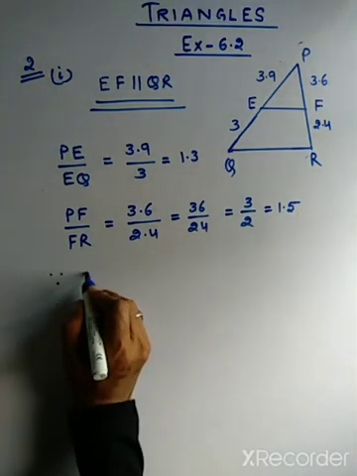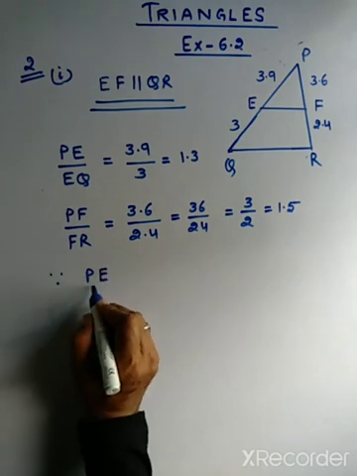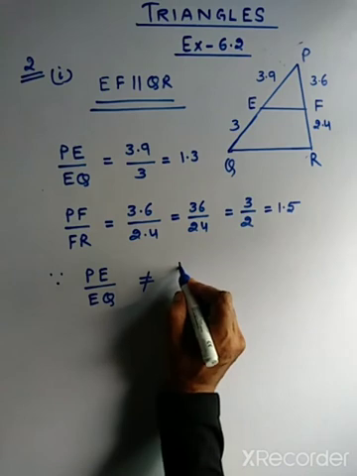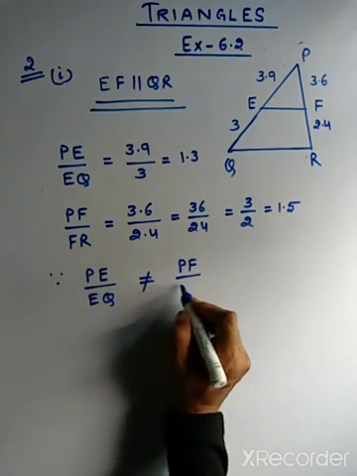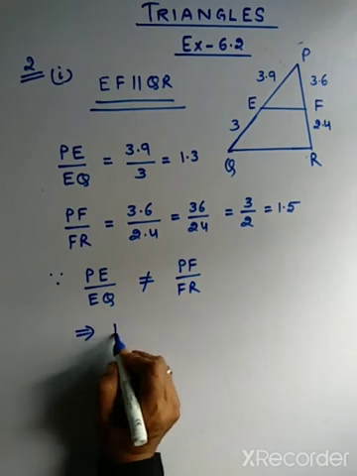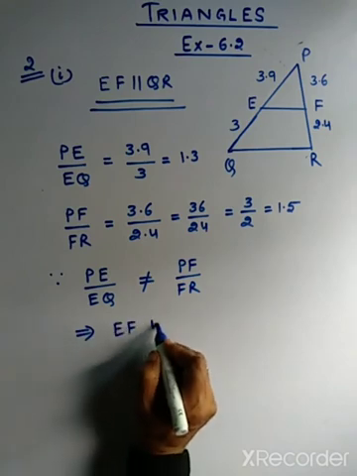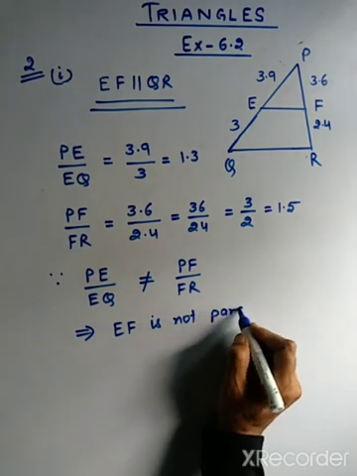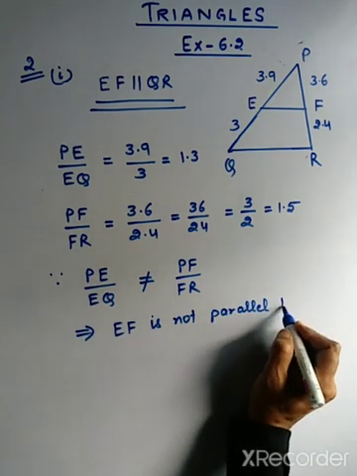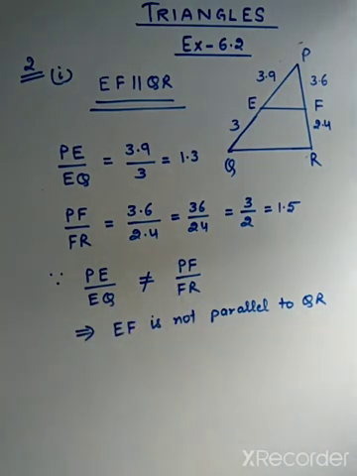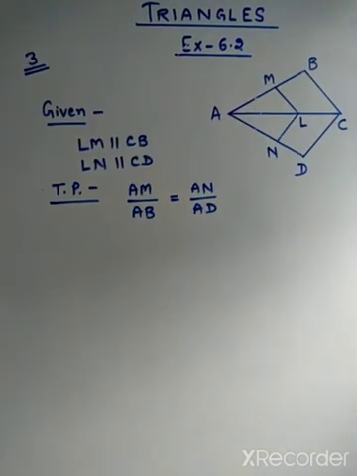So since PE upon EQ is not equal to PF upon FR, which implies that EF is not parallel to QR. If these two ratios are equal, then we can say EF is parallel to QR.